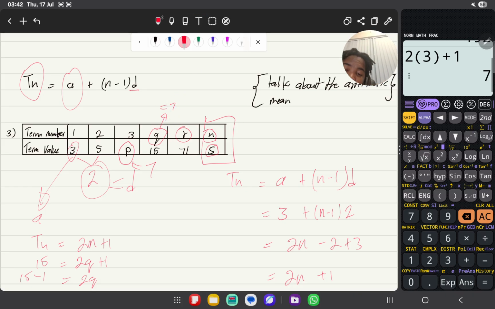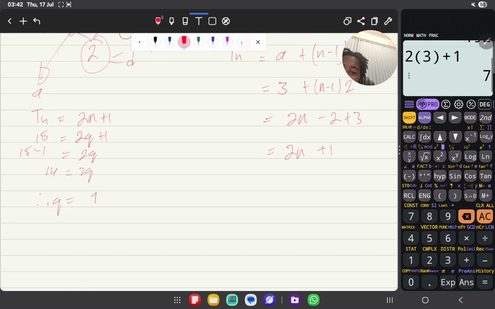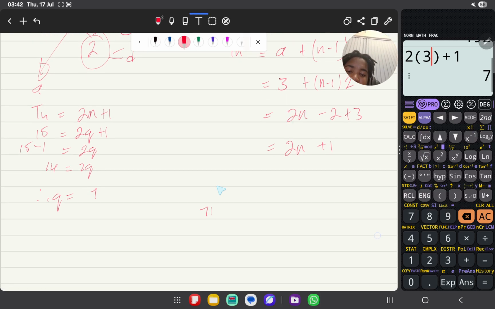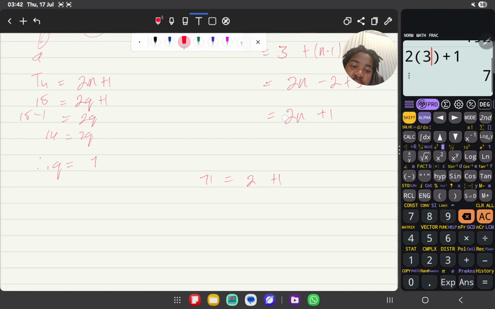Cool stuff. And for R, you're gonna do exactly the same thing. Let's do it here. You would say 71, I believe it's 71, yes. 71 equals 2n plus 1. From here, it's just about solving for n. Perhaps instead of n, I can substitute r.